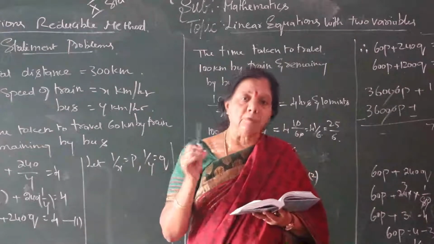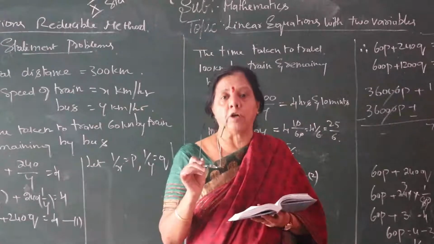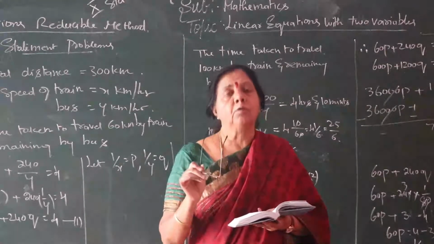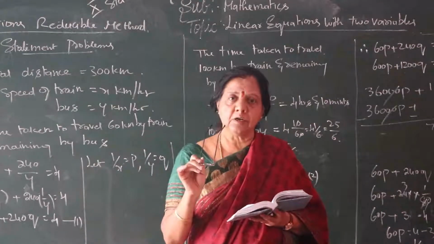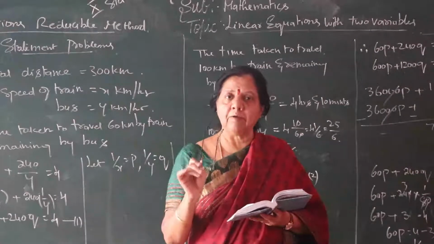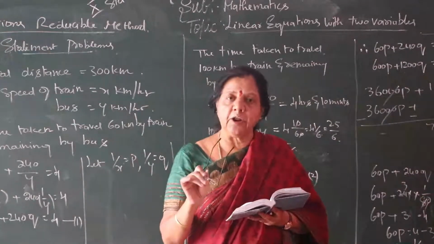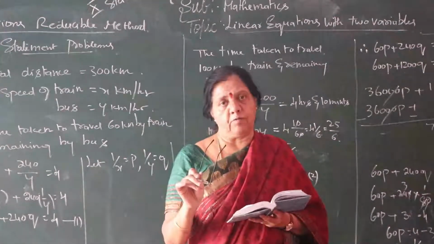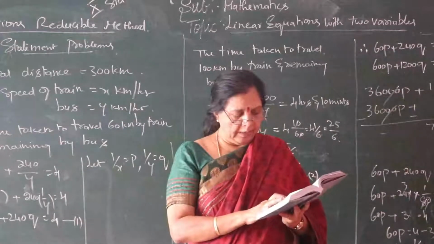Now she covered 60 by train, so remaining is 240. 240 plus 60 is 300. So how many hours did she take? 4 hours. Got it, children? Total traveling is 300 kilometers, 60 kilometers by train, the remaining by bus, in 4 hours. Is it clear?